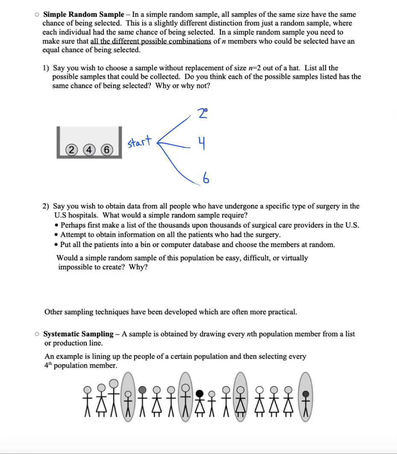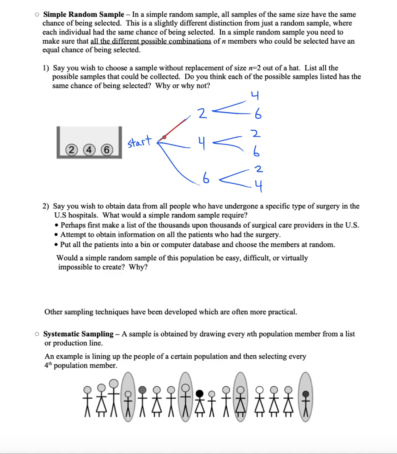Then after we pick one of those 3, we'll want to pick another one. But this is without replacement, which means that after we've picked the 2 here, the 2 doesn't get a chance to be chosen again. The only ones that would remain in the bucket would be the 4 and the 6. And if the 4 is chosen first, that would leave behind the 2 and the 6. And if the 6 gets chosen, that leaves us with 2 and 4.